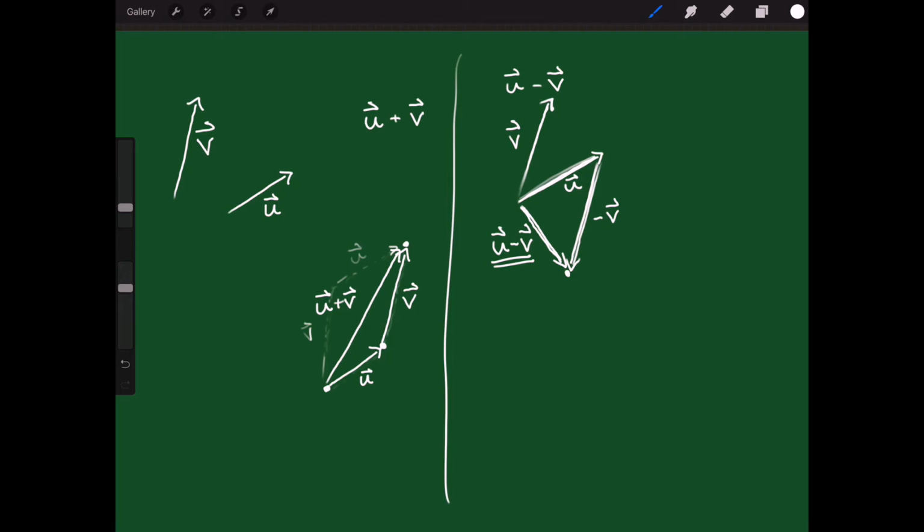So how does this work out in practice? Let's look at an example or two. What we typically do is we write vectors in terms of an x direction and a y direction.